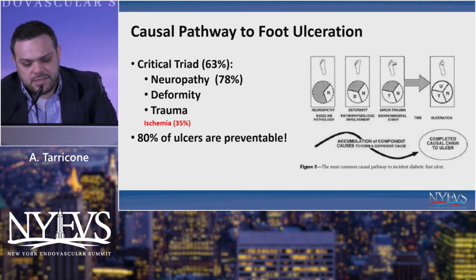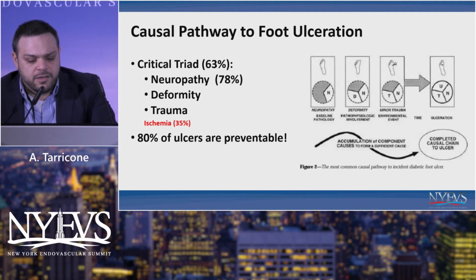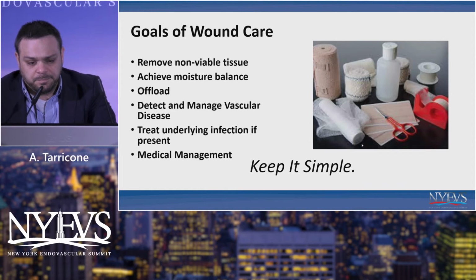And what this tells us is that 80% of these ulcers are preventable through either offloading the area or common podiatric visits where you can see these pre-ulcerative lesions developing and take some offloading steps to prevent these as they go on. And even ischemia only accounts for about 35% of these ulcers. So it's important to keep this in mind.